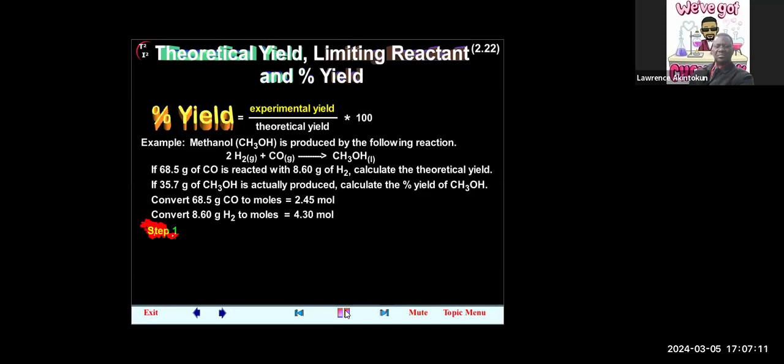Step 1. Calculate the amount of product formed if the first reactant is completely consumed. All right, just like we did in the first example, we are going to use the two reactants to produce the products, and look at which one gives us the smaller answer.